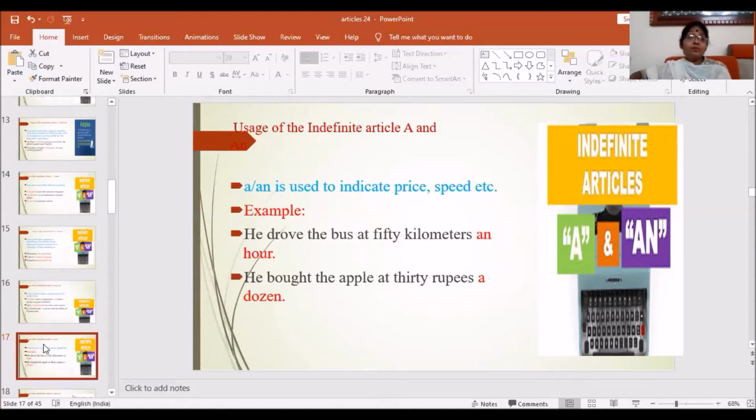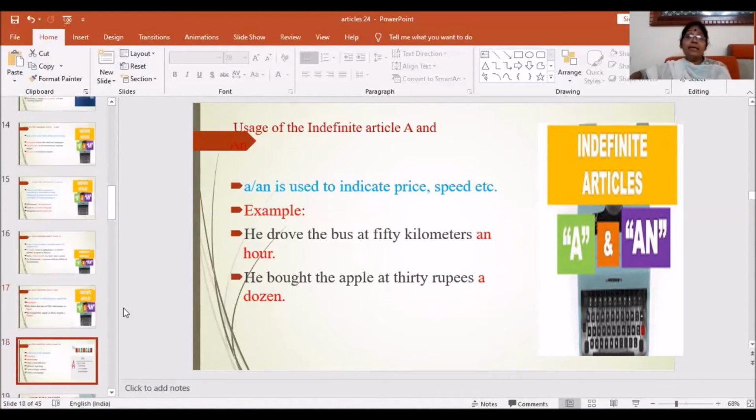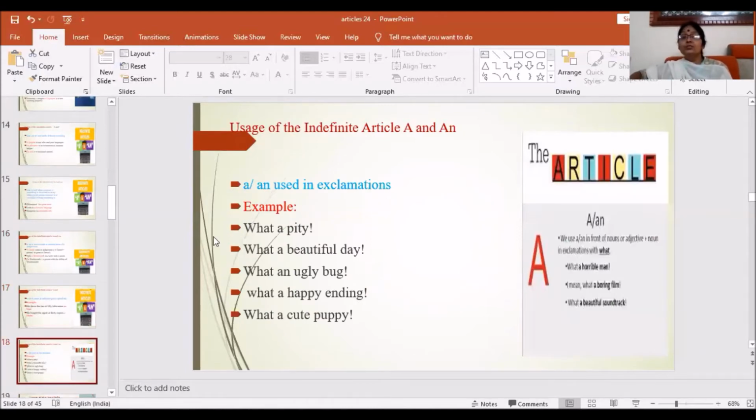Then next is that a and an is used in sentences with exclamations, right? We use a and an in front of a noun or adjective plus noun in exclamation, with what. For example, what a pity, what a beautiful day, what an ugly bug, what a happy ending, what a cute puppy.